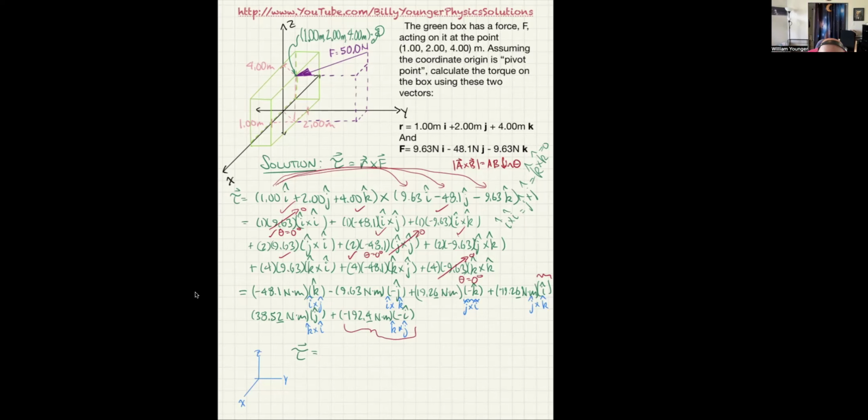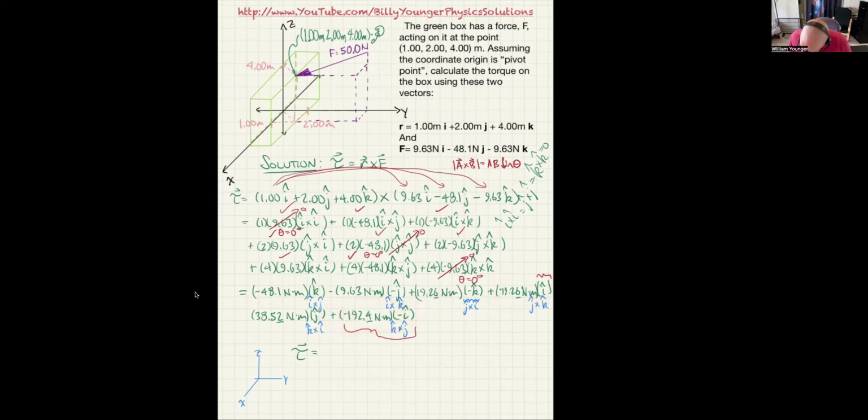So negative times a negative gives us a positive 192.4, and then I am subtracting from it 19.26, and that is because of this negative 19.26 and this negative make positive.